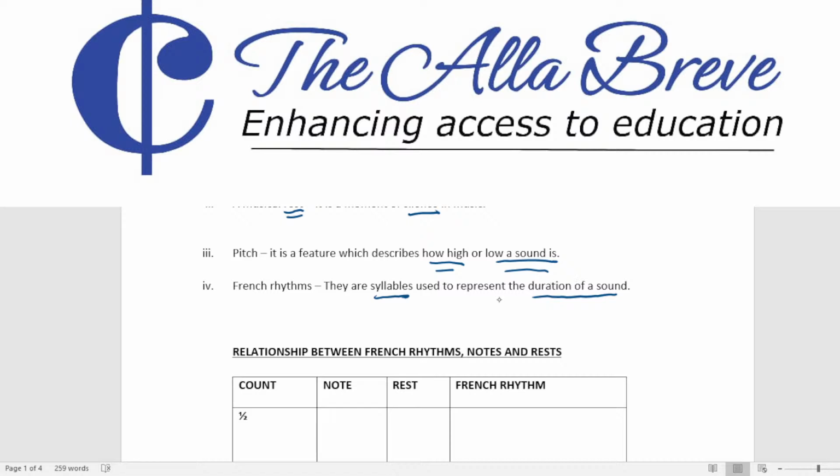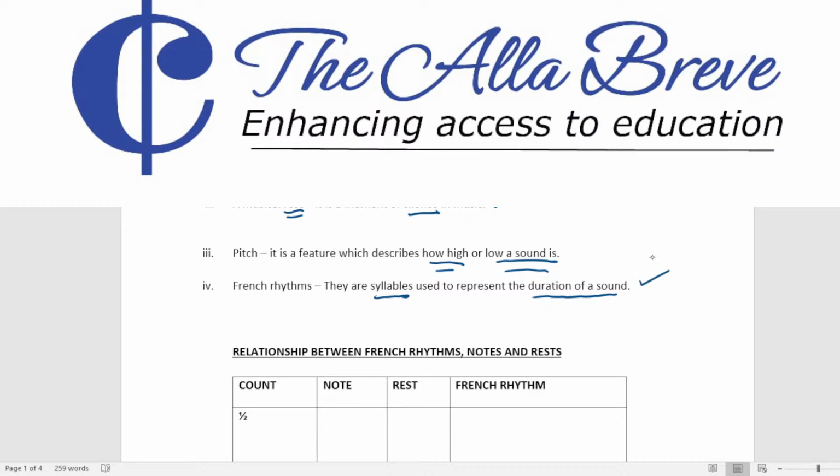In this case, it means sound has different durations. We have longer duration and shorter duration. And that's what we want to look at to back up what we learned about musical notes and musical rests, how long they last, and how they compare to French rhythms.